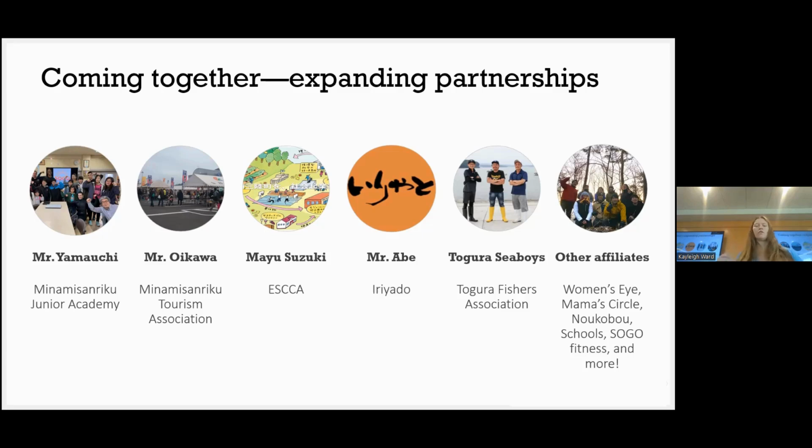So they're really great for working with that. And then I have a bunch of other affiliates. These are mostly women's groups. So Women's Eye, Mama Circle. Women's Eye has gone to the UN to talk about these issues. Nokobo is a farming cooperative. And then we had other groups that were participating. So within these 8 to 10 years, we're working with like 12 to 14 different organizations or groups.